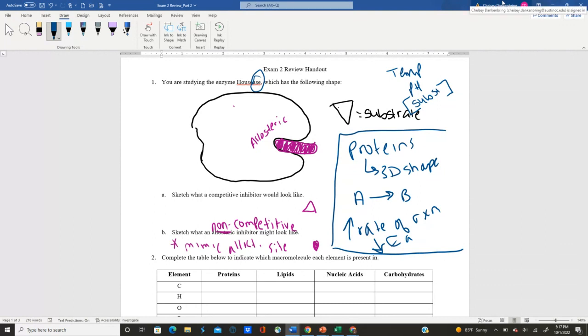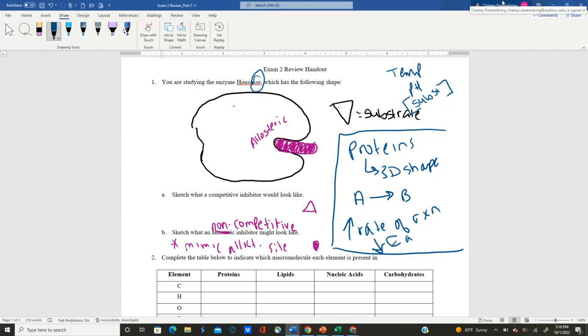All right, so remember with pH, at low pH, it's an acidic environment, lots of protons, positively charged molecules. That's going to cause denaturation. At really basic pH, lots of hydroxide, negatively charged ions, that's going to cause denaturation, okay?